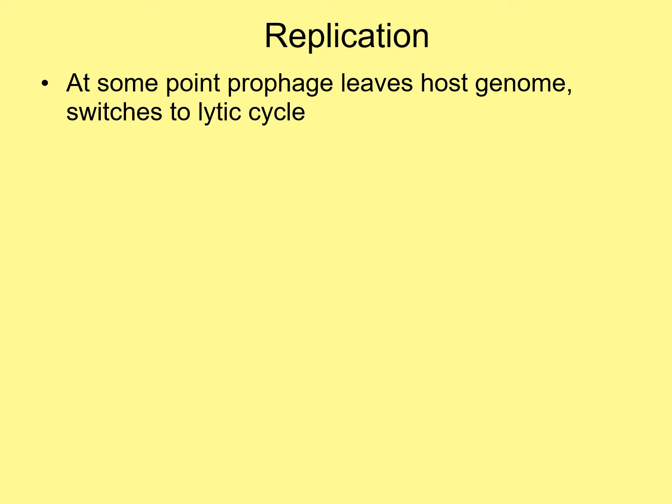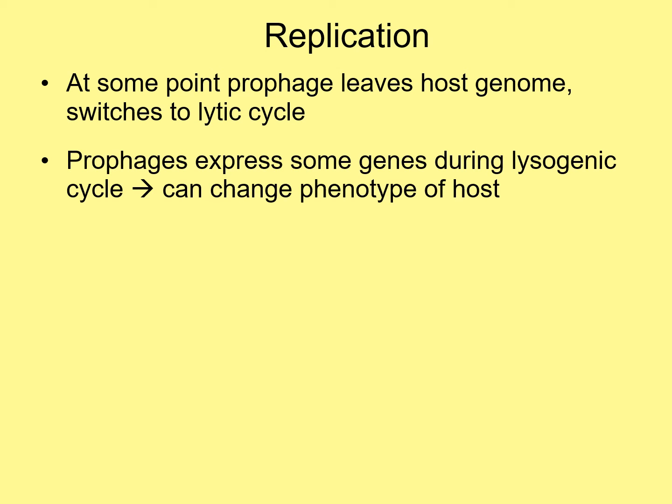So at some point for your temperate phages or your temperate viruses, right, that are using both the lytic and the lysogenic cycle, you're going to use the lysogenic cycle for quite a while. At some point, though, you have an environmental event, and it varies by virus in terms of what triggers it. But it's going to switch to the lytic cycle. To do that, in bacteria, the prophage will leave the host genome.